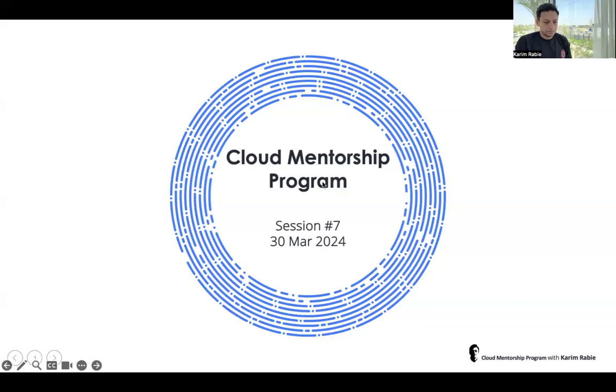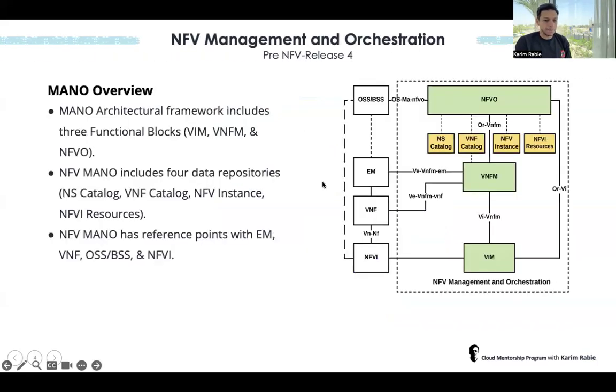So let's start with a quick recap and a quick overview of the MANO. If you notice, the title is NFV Management and Orchestration, which is the abbreviation for MANO.